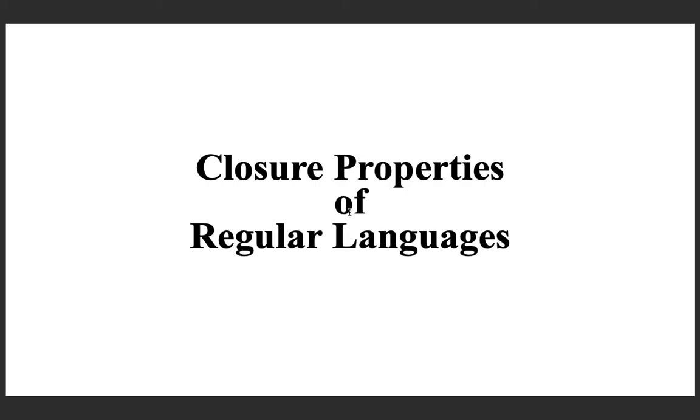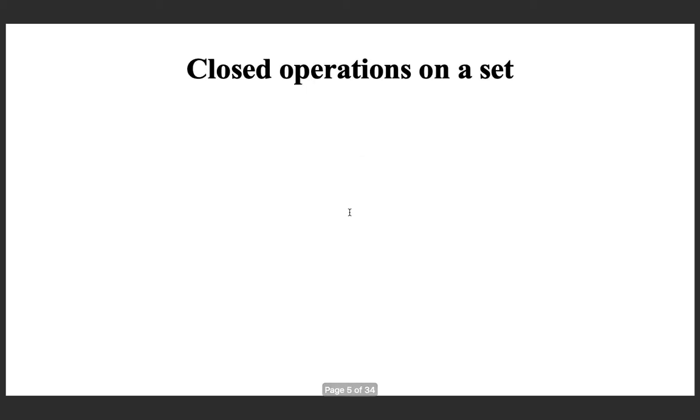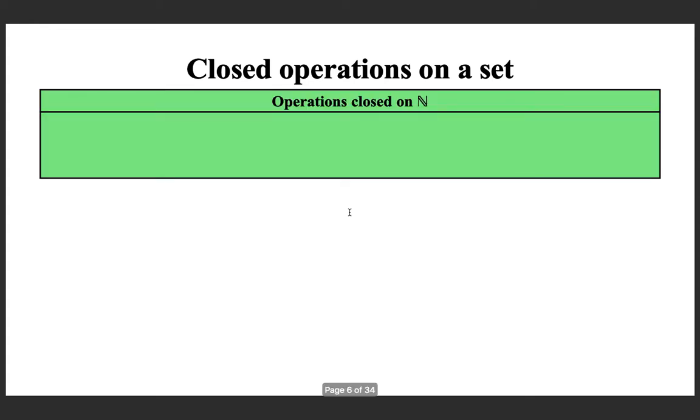Before we define closure properties, when we say that some operation is closed on a set, we can start with an example. Consider the set of natural numbers. The first example operation is the increment operator. Why is the increment operator closed on natural numbers?